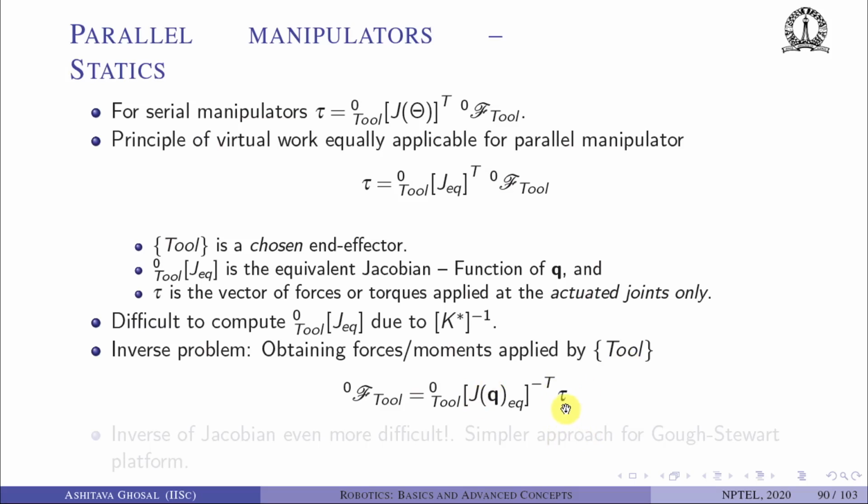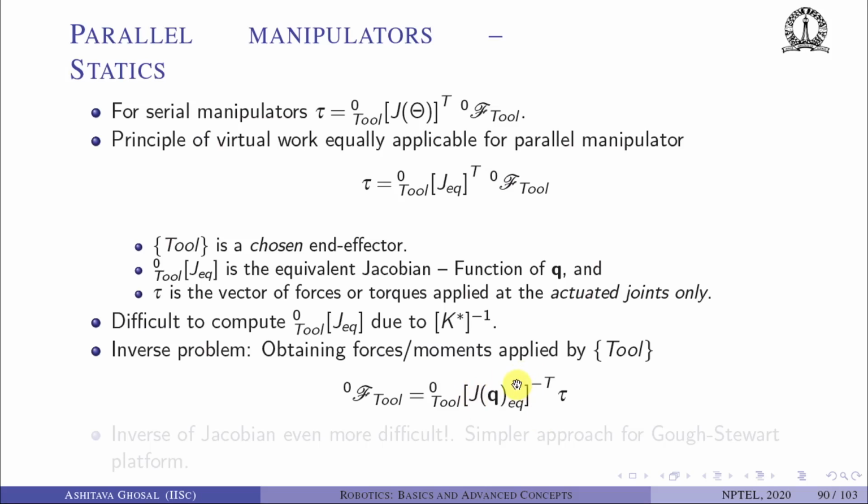What is the end effector applying to the environment? We could symbolically write it as the inverse of this matrix, J Q transpose, and the inverse of the whole thing. So that is the force which the end effector is applying onto the environment.